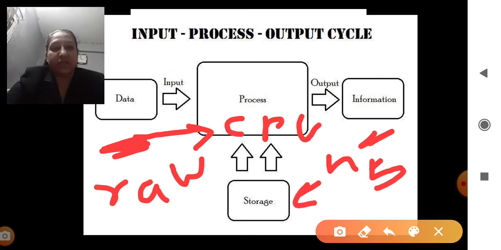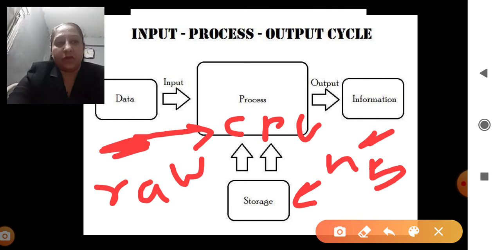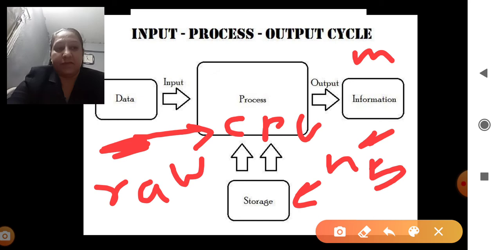Your storage devices are both primary memory as well as secondary memory. From there it goes back to your output device. Which one is your output device? Your output device will be your monitor screen. On the monitor screen you can see your processed data. On this fundamental your computer works, that is the IPO cycle, which we call input processing output.